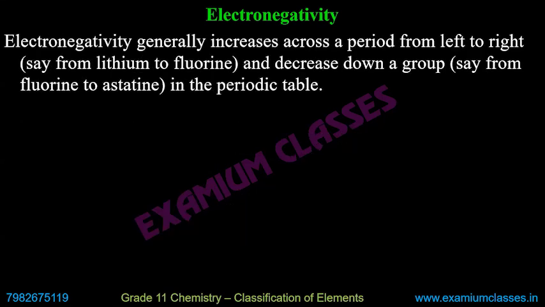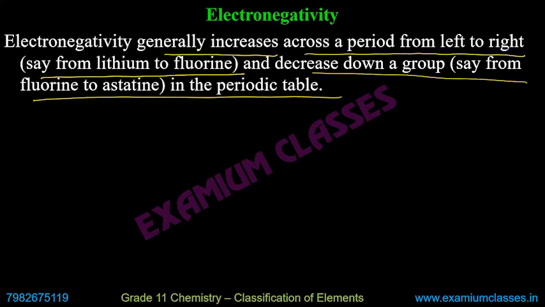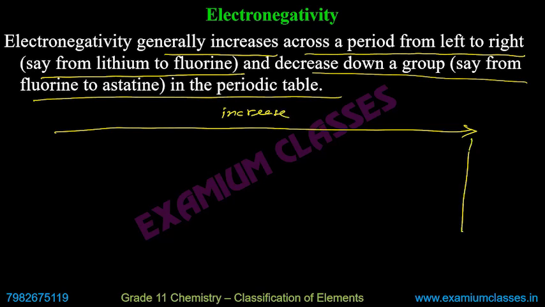Electronegativity generally increases across a period from left to right, say from lithium to fluorine, and decreases down the group, fluorine to astatine. Again, the trend is similar to the more negative electron gain enthalpy. So it will increase across the period and decrease down the group.